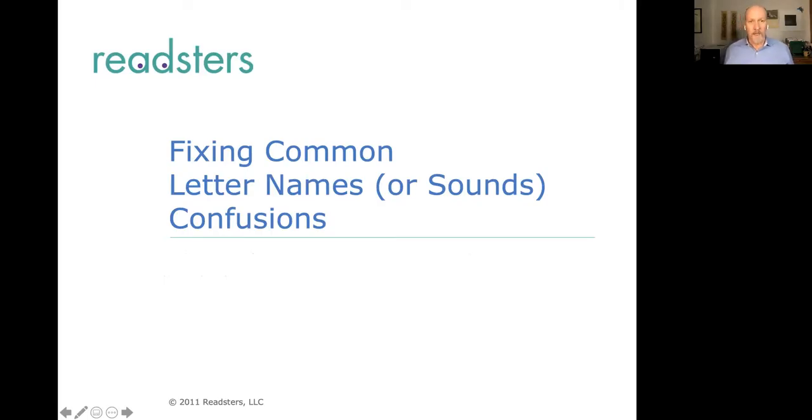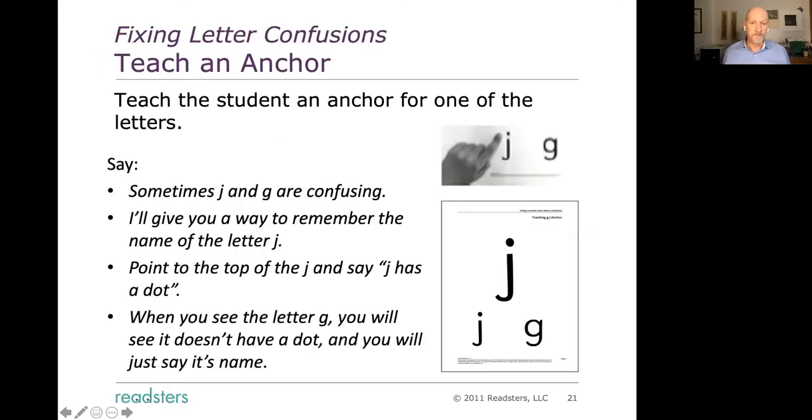We do this similar practice for fixing common letter names, or it could be sounds in this case. BD, by the way, is never a sound confusion, it's a shape confusion. But often students will confuse, say, for instance, J and G. We do the same thing in that we give the student an anchor for one of the pair of the letters that they're confusing.